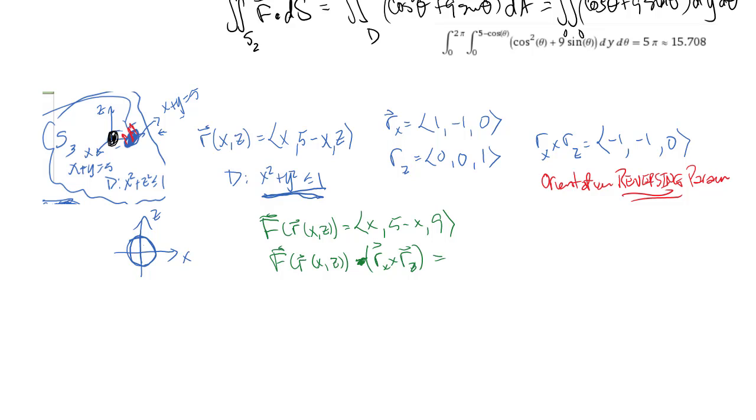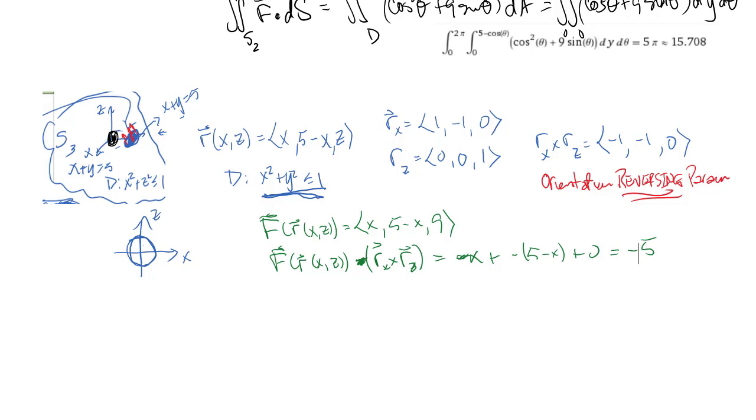So the dot product is going to be x times negative 1 plus, and then we have another negative 1 times 5 minus x, and then 9 times 0. So we have a negative x, negative 5, and negative, negative, so it's positive x. So this is just going to be negative 5.